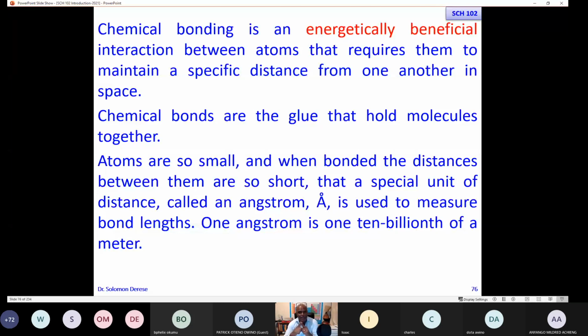As a result of that, there is a specific unit that is used for the purpose of measuring the distance between atoms. For example, the distance between Nairobi and Nakuru is about 150 kilometers.